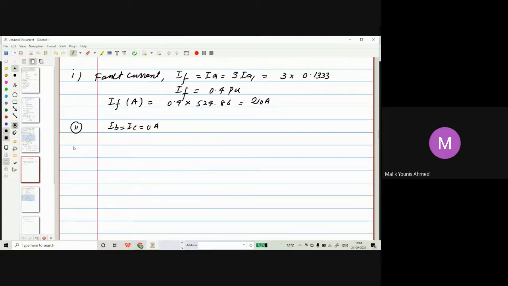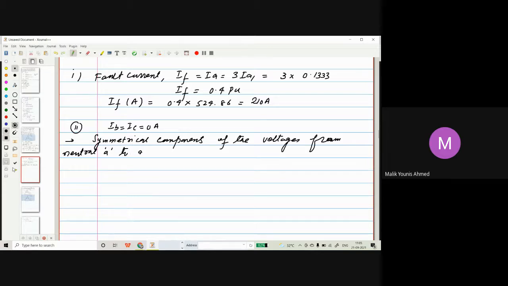We have to find the symmetrical components of the voltages from phase A to ground.